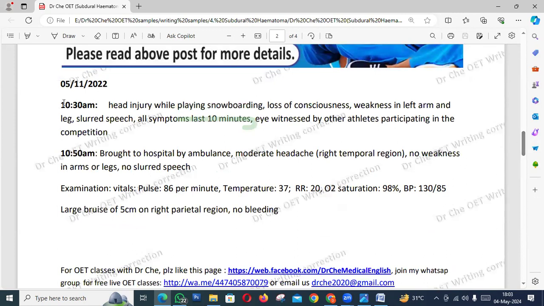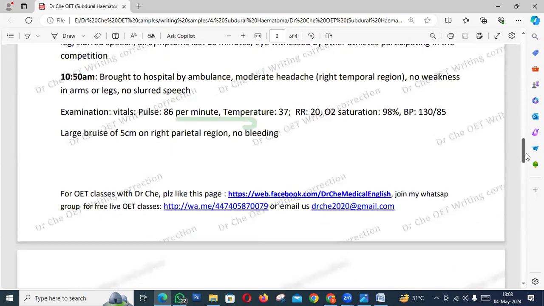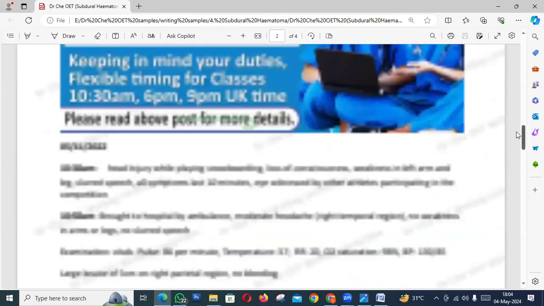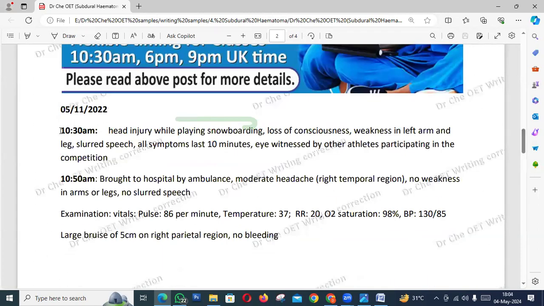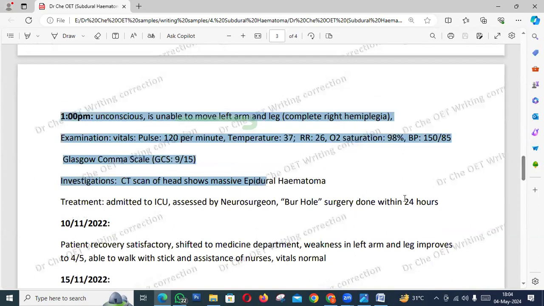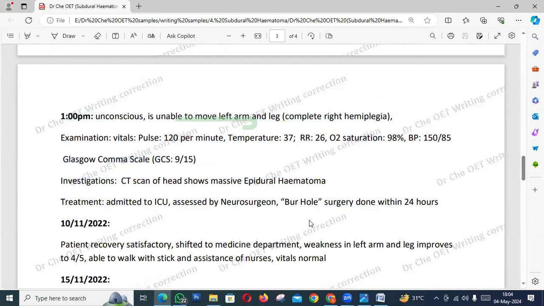What I can do is write one paragraph for this date, where I will mention what happened at this time, what happened at this time, and what happened at this time, in one paragraph. Or you can write two times together and one time in a separate paragraph, but it's better to write all three times in one paragraph.